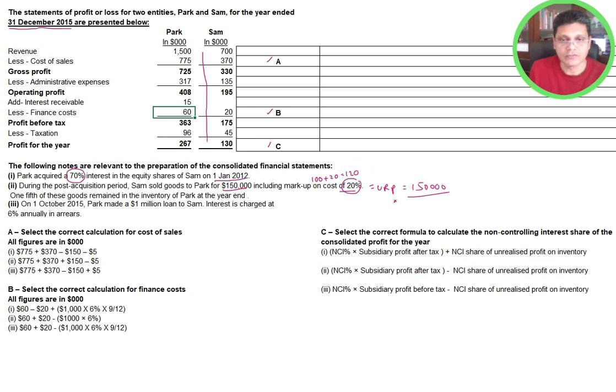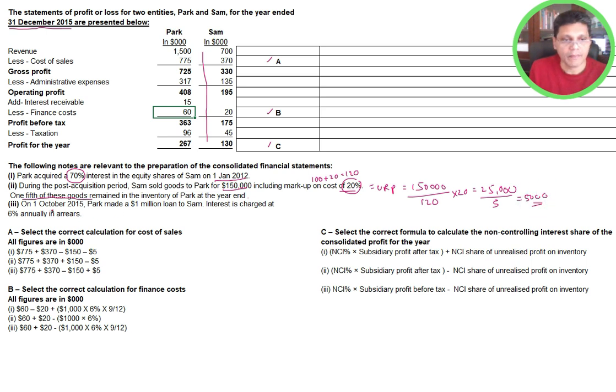So this 150,000 is the selling price, so you can simply divide this and times 20. That's going to be 25,000 as the total unrealized profit, but they say 1/5 of these goods remain in the inventory of Park. So if you take 1/5, that is going to be 5,000, so 5,000 is the unrealized profit.